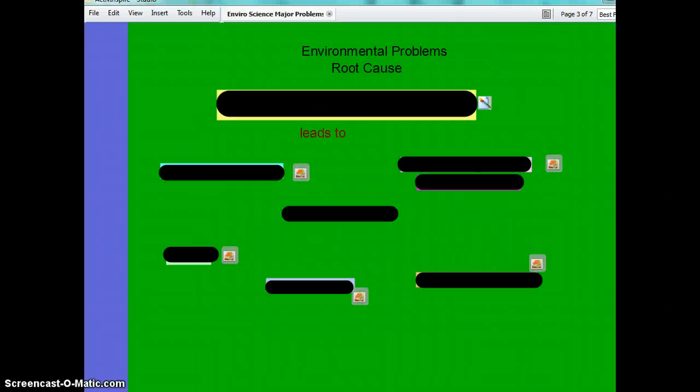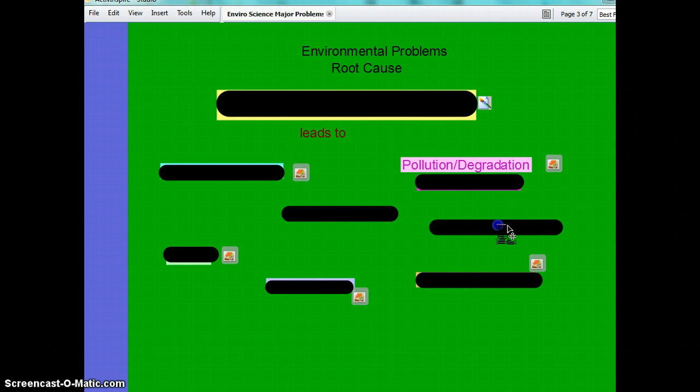Who could tell me what's the root cause of all environmental problems? Us is kind of right. What about us? I'm going to tell you that pollution is one of them. But why is there so much pollution? Because we live. Correct. We've always littered.